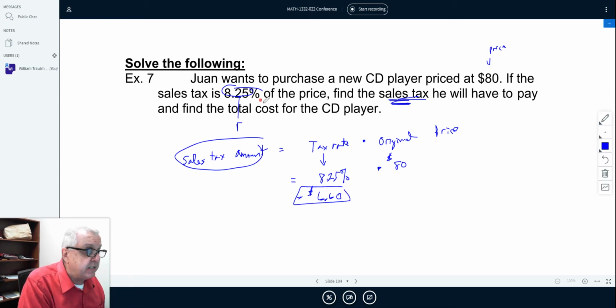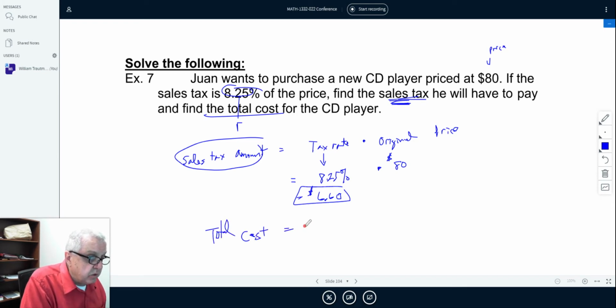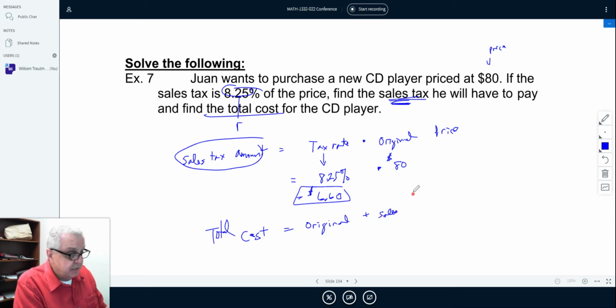Then it says find the total cost of a CD player. Well, the total cost equals the original price plus the sales tax amount. Right? When you go to a store, you don't pay $80 for the CD player.